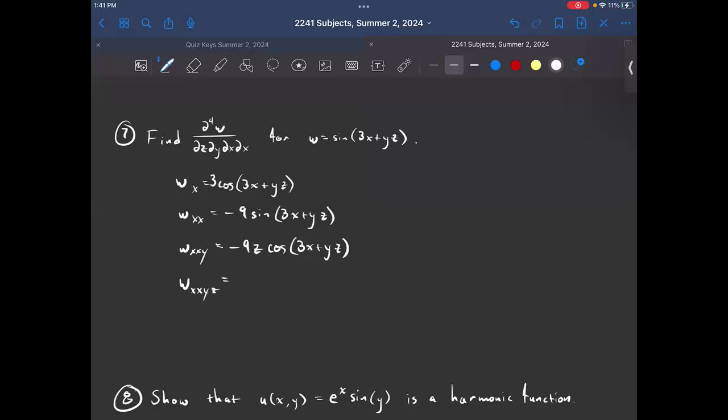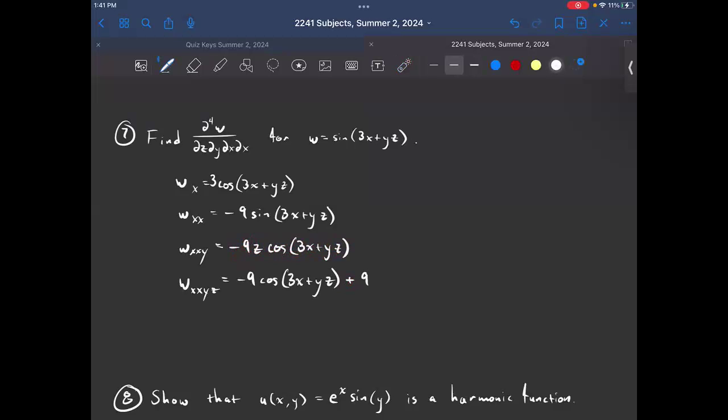Okay, here we go. We have to use the product rule. We have this function times this function. So the derivative of minus 9z is just minus 9 times the cosine of 3x plus yz. And now plus this function times the derivative of this one. Well, this one is going to give me a negative, so I'm just going to leave the plus there and not write the minus 9.